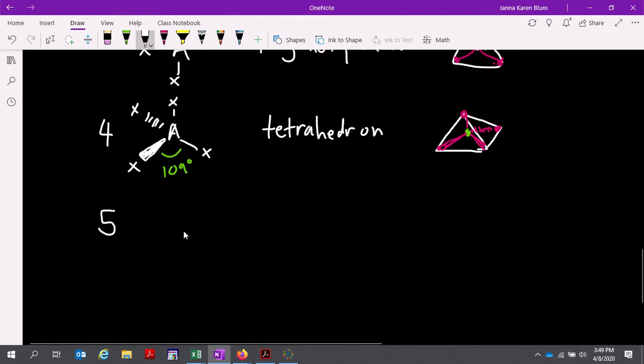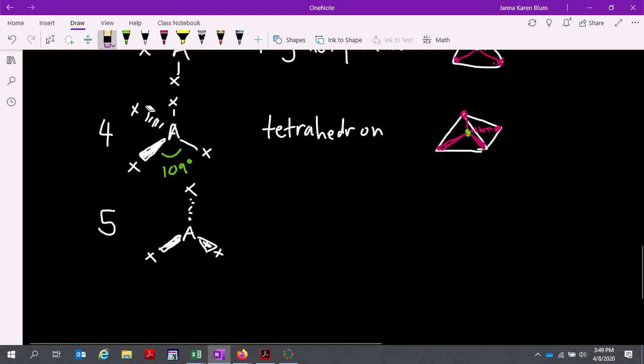What this does is it does like a triangle around the central atom. So that's that equilateral triangle.